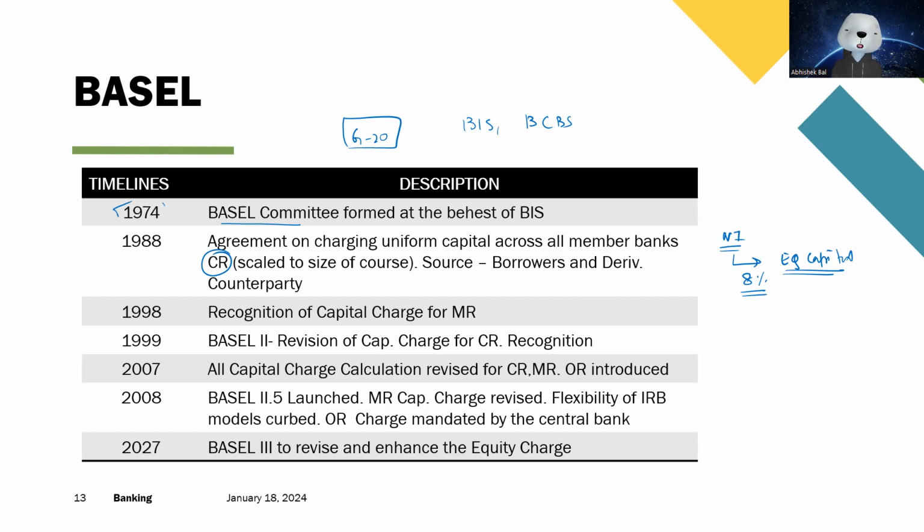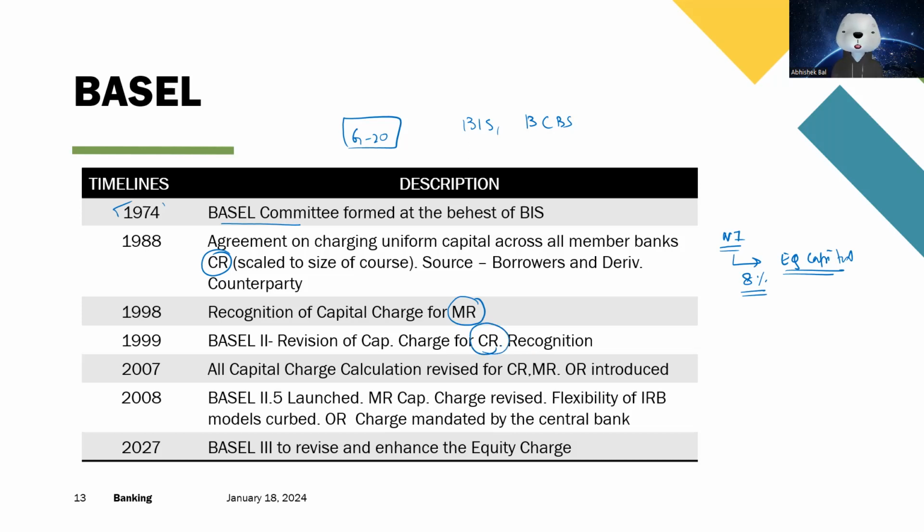However, by the turn of the century, the Basel Committee recognized that banks not only face credit risk, but as we have discussed before, they also face something called market risk. In 1999, the Basel II revision came into being, and the capital charge requirement for credit risk was revised.